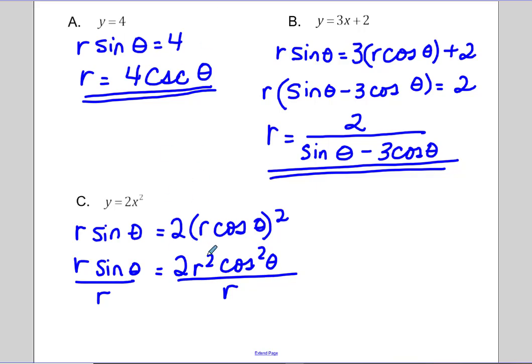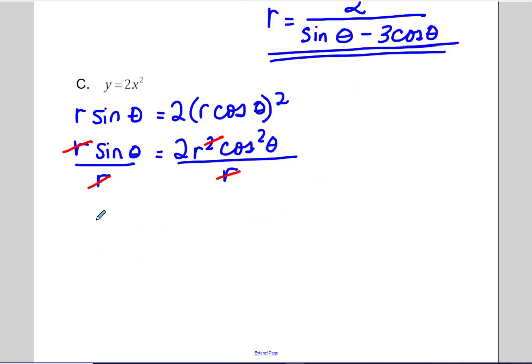So dividing through by that common factor of r, we can eliminate those factors on both sides. And then r is going to be sine over cosine squared, with a 2 down here.